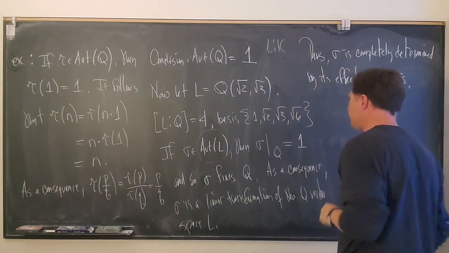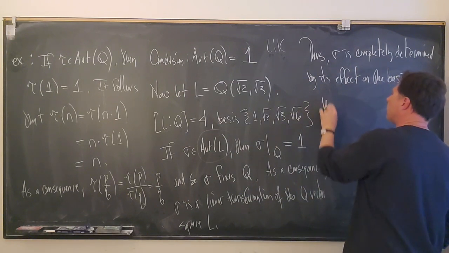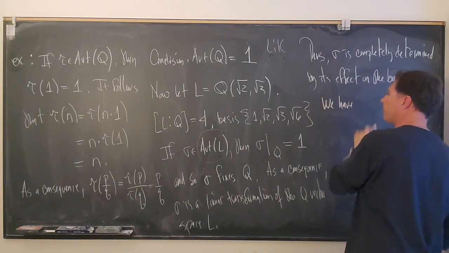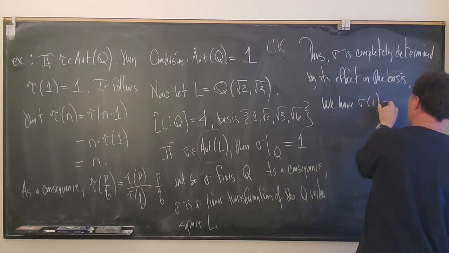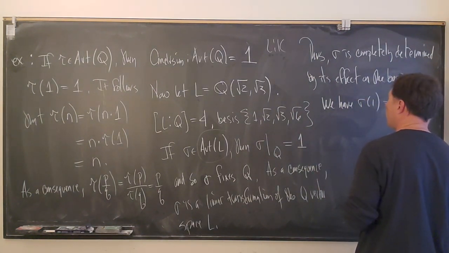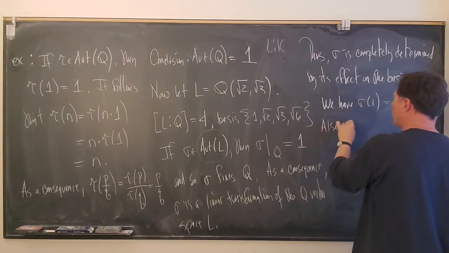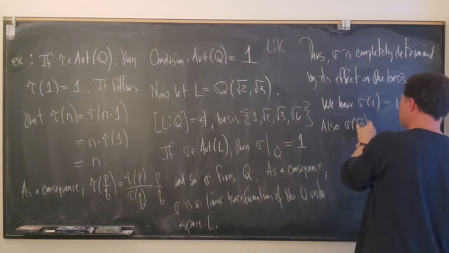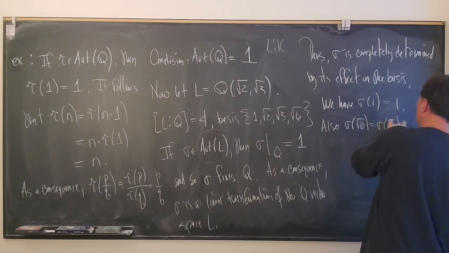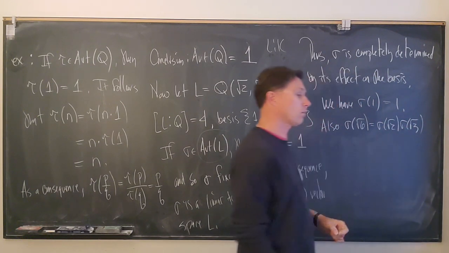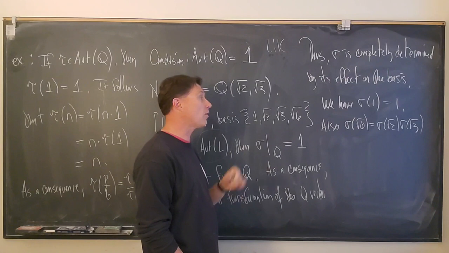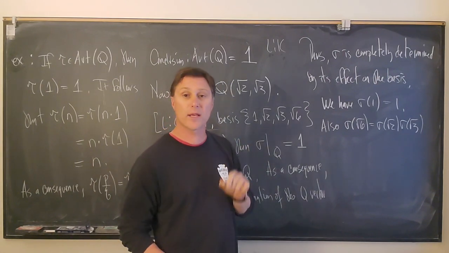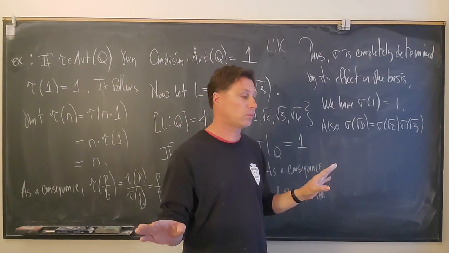All right, fine. We have sigma of 1, of course. 1 is a rational number, so it's got to be 1. Also, sigma of root 6 is equal to sigma of root 2 times sigma of root 3. So what that tells us is if we know what sigma of root 2 is and we know what sigma of root 3 is, then we know everything we need to know about sigma.